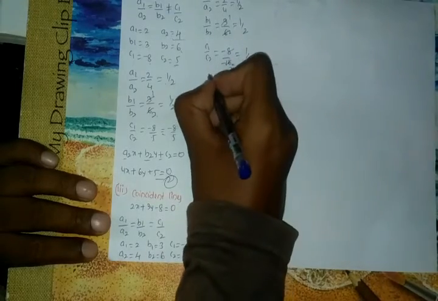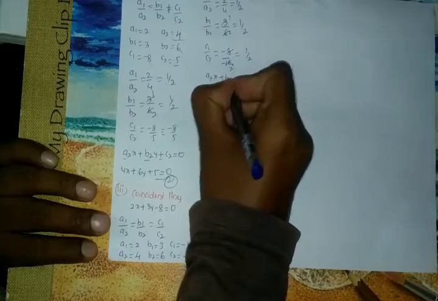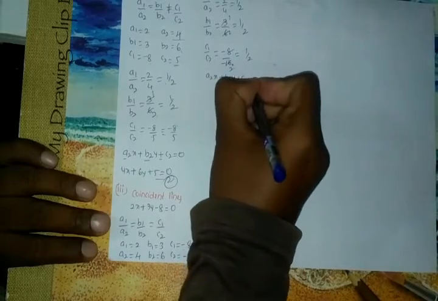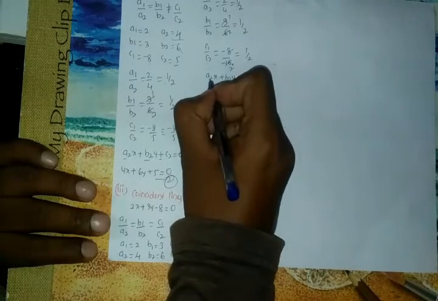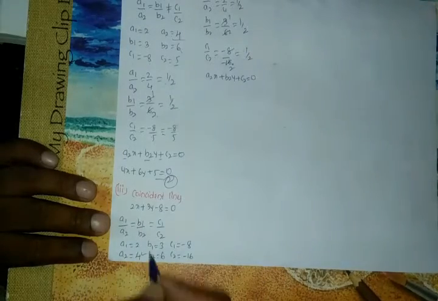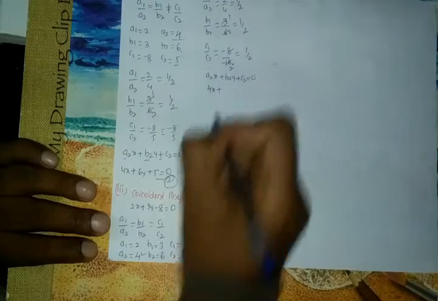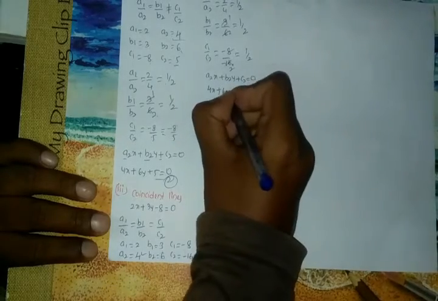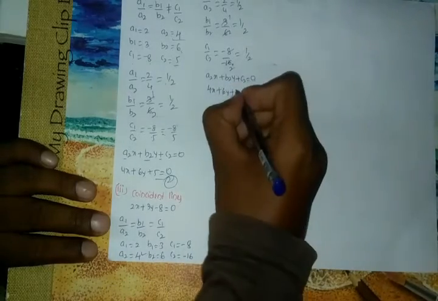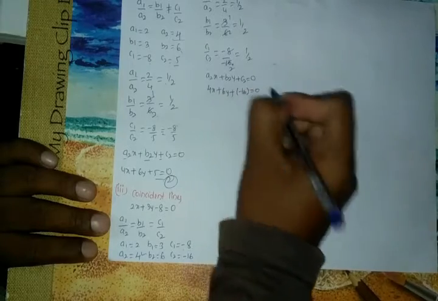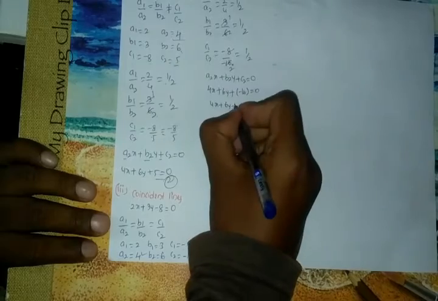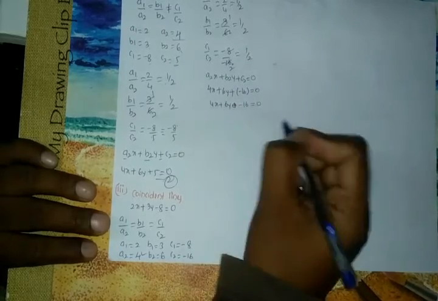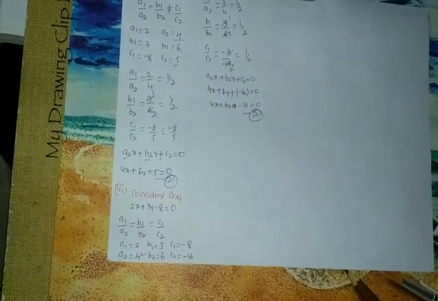So the second equation, a2x plus b2y plus c2 equals to 0, will be, with a2 as 4, 4x, and b2 as 6, 6y, plus c2 as minus 16 equals to 0. So the equation is 4x plus 6y minus 16 equals to 0. This is equation 2.